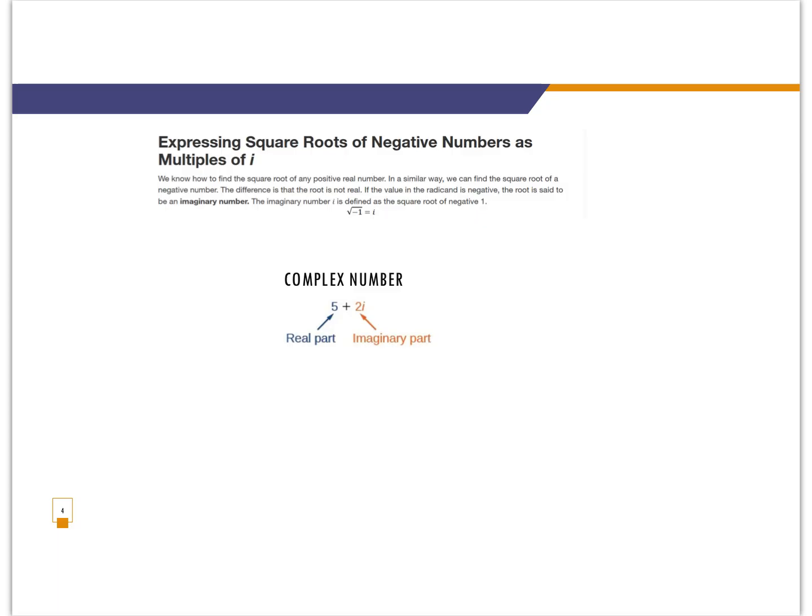If the value in the radicand, that means underneath the square root symbol, is negative, the root is said to be an imaginary number. The imaginary number, i, is defined as the square root of negative 1. I'll just underline that because that's important. The square root of a negative number has an i in it because the square root of negative 1, by definition, is the letter i.